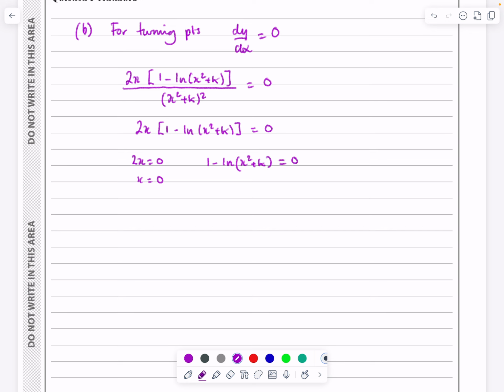So just rearranging this, log of x squared plus k is going to equal 1, e to both sides, so x squared plus k is going to equal e. So x squared is going to be e minus k, so x is equal to plus or minus the square root of e minus k. So there's 3 solutions, they said there's 3 solutions, and there's my 3 solutions.